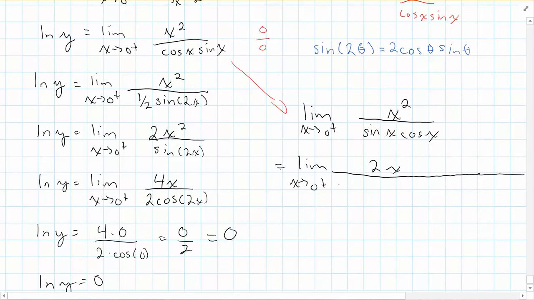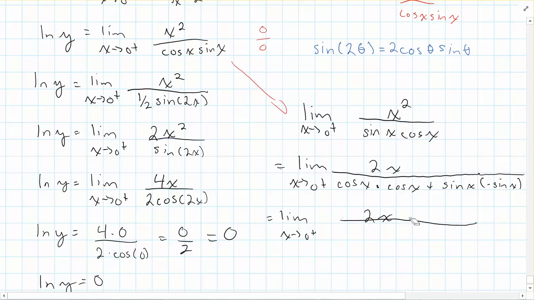So we'd have derivative of the first, so derivative of the sine function is cosine, times cosine, plus sine times the derivative of the cosine, which is negative sine. So you'd get the limit as x approaches 0 from the right of 2x over cosine squared x minus sine squared x.